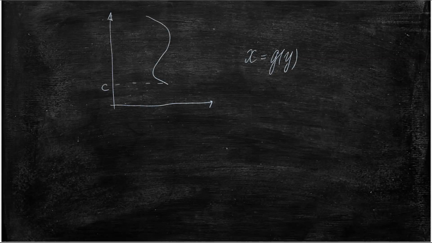Now, similarly, we can change the direction in which we integrate. That is, if you have a function defined as x being a function of y, so you may have a curve like this, and you want to know the arc length of this curve, you can find it by setting up this integral.